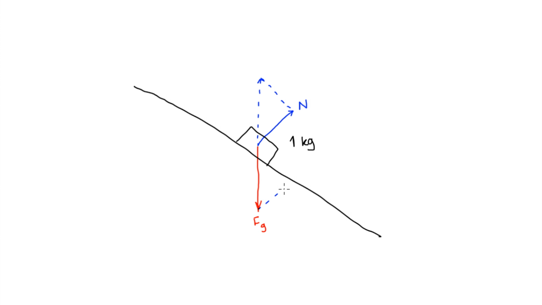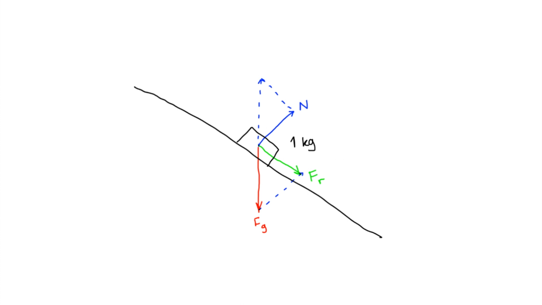If we add that normal vector onto the vector that denotes the force due to gravity, then we see that the resultant force is given by this little green vector, and this will be the box's direction of motion, and that's why the box will slide down the ramp. And so we'll put this in as the resultant force, F R.